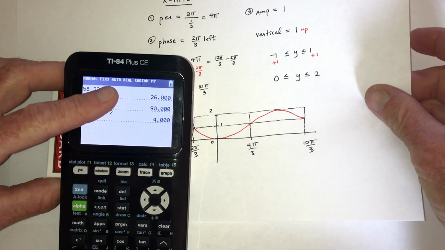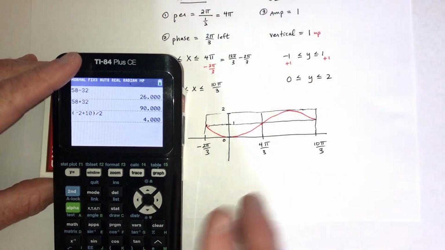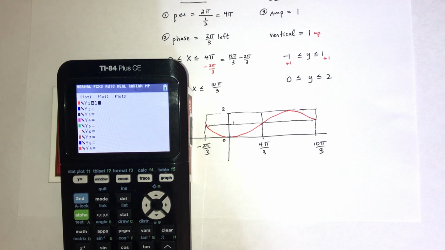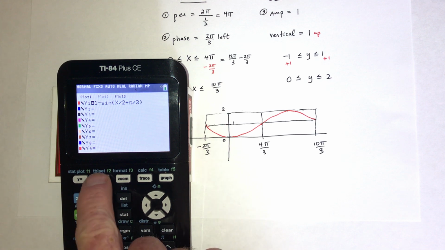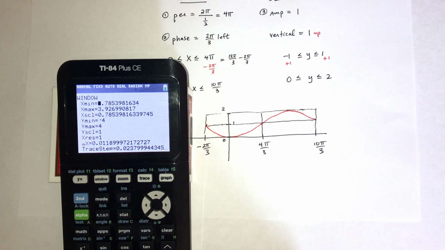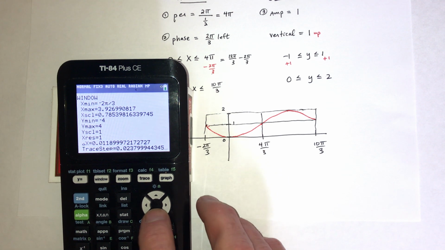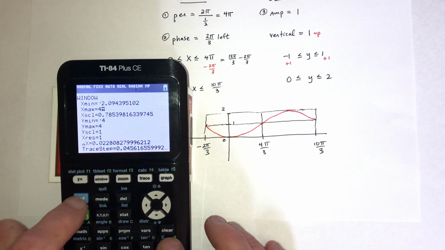So like I said, when you graph these, graph the original problem. So that's going to be y equals 1 minus sine, and then it had x over 2 plus pi over 3. And then make the window look like this. So it needs to go from -2 pi over 3 to 4 pi over 3.